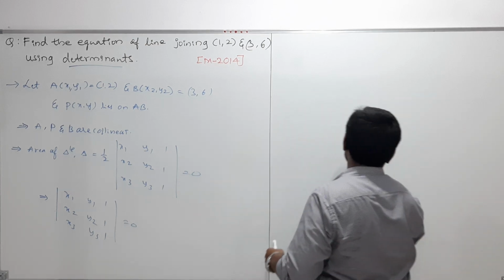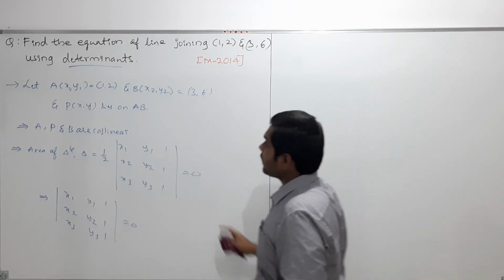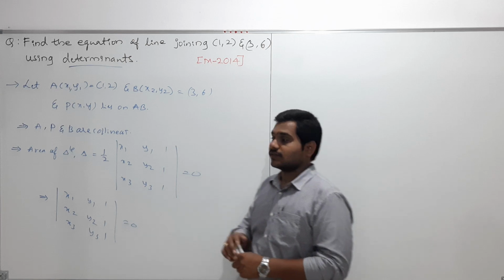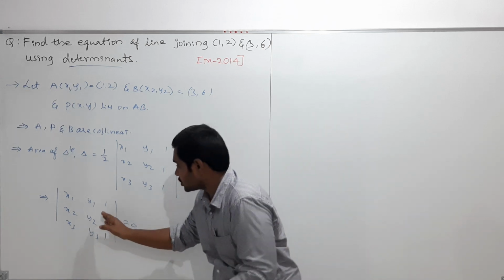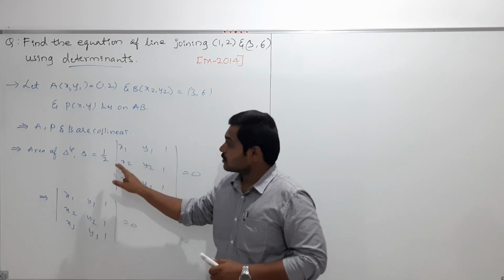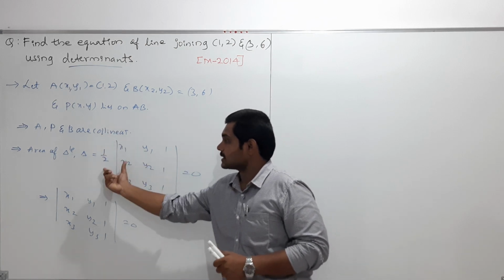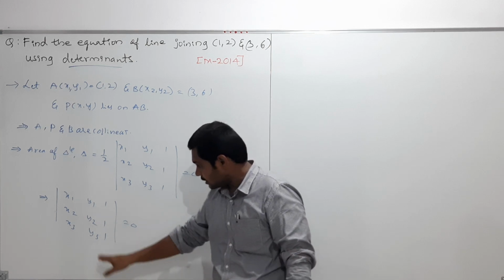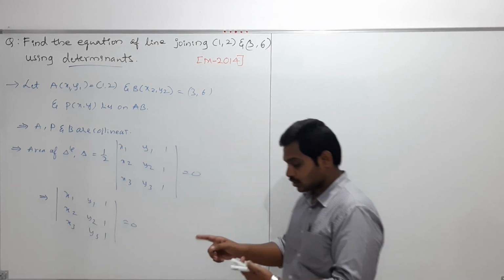whenever they ask you to find the equation of the line, directly go through this condition, that is, the determinant of this is equal to 0. To help you understand clearly, I wrote this condition like this. Since 3 points are collinear, this determinant value is equal to 0.